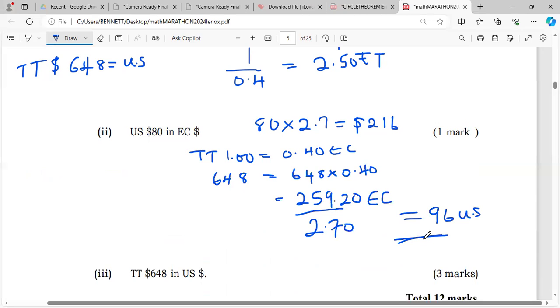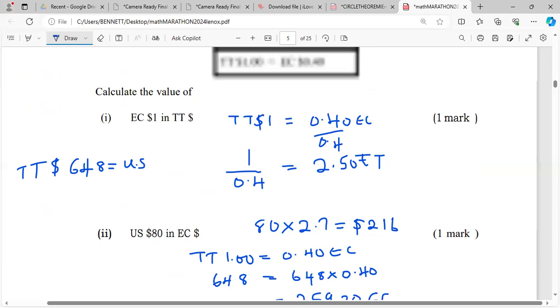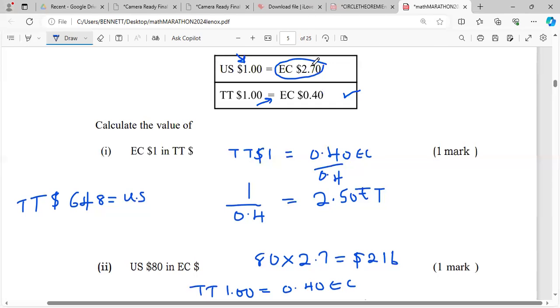It requires a little thinking. Another way that we could approach it is to convert the equivalence of US to Eastern Caribbean. If US $1 equals $2.70 Eastern, both of them are equivalent, right? So we could have just turned it around and said $2.70 divided by 0.4.